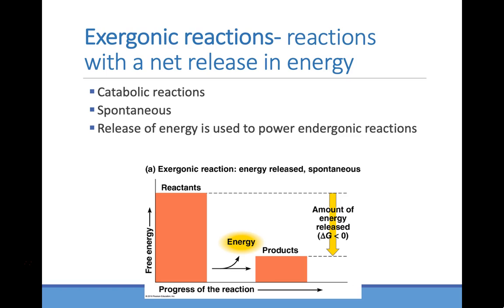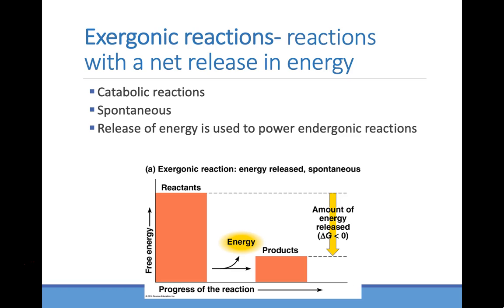When metabolic pathways break down materials, they come with a release of energy. Reactions that release energy are called exergonic reactions. Exergonic reactions are always catabolic reactions, sort of by definition. These reactions are spontaneous.